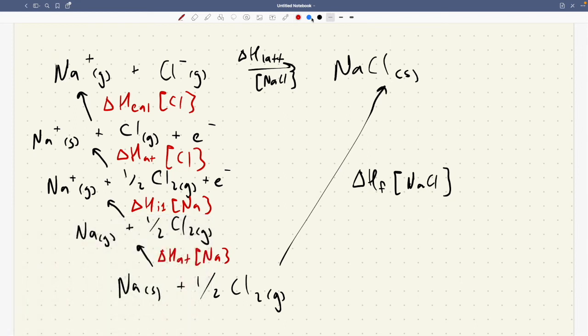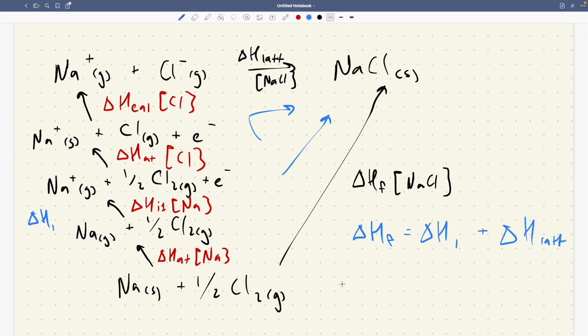But essentially, we've got a direct route there. As we said earlier on, our ΔH of formation is going to equal the ΔH of this one, which I'm going to summarize all as ΔH1, plus the ΔH lattice, which is that one there.